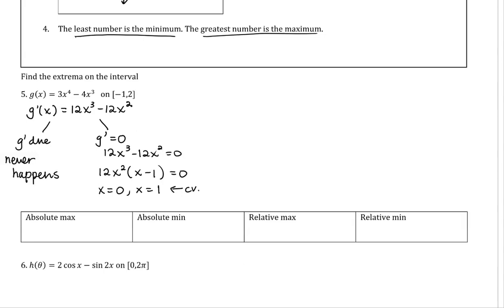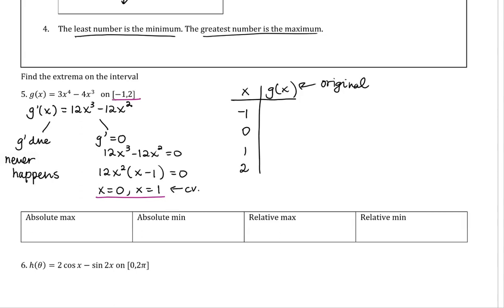So now that we have our critical values and our endpoints, we're ready to make a table of values that are going into the original function, which is called g of x, not f of x. And in this table, we want to plug in our endpoint of -1, the critical value of 0, the critical value of 1, and the endpoint of 2.